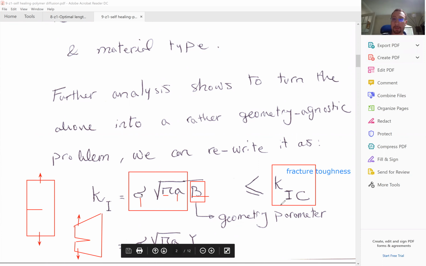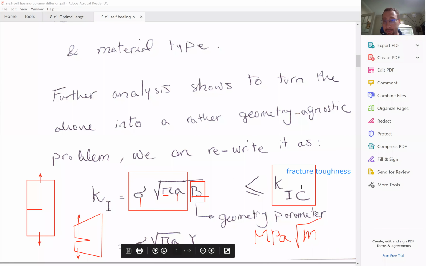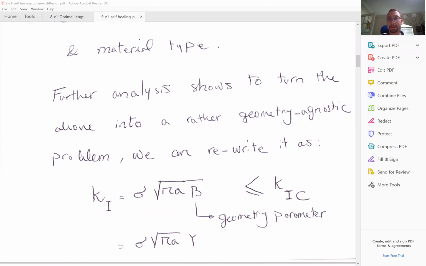So the unit of K1C is going to be megapascal square root of meters. Now C stands for critical. What this 1 stands for is something that I still owe you, and I will explain it in the next video.